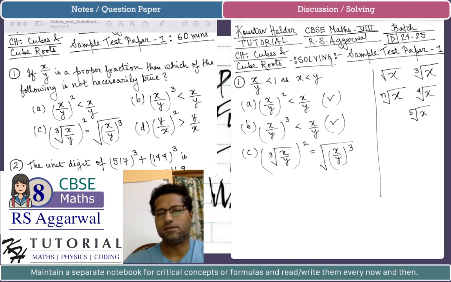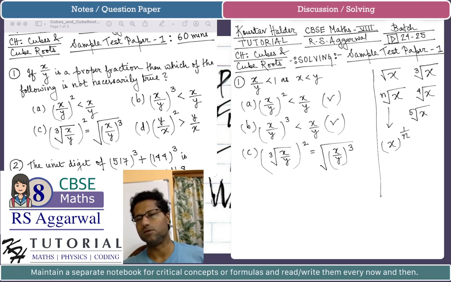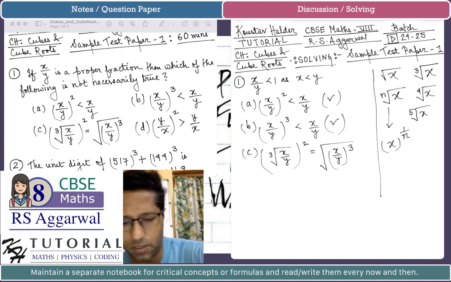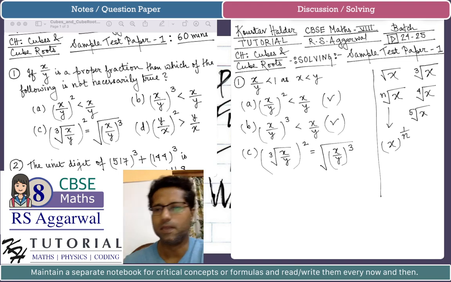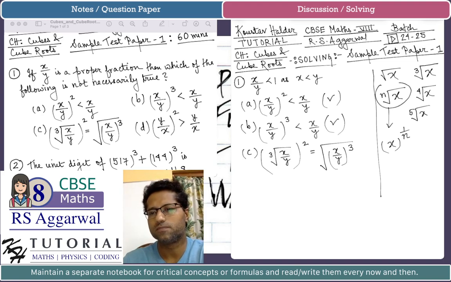What this actually means is that the nth root is nothing but x raised to the power 1 by n. Definitely n is not 0. For positive integers, that is natural numbers, the nth root is equal to x to the power 1 by n. You should always remember this.